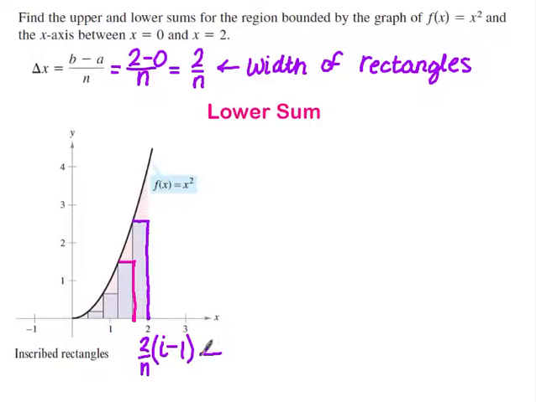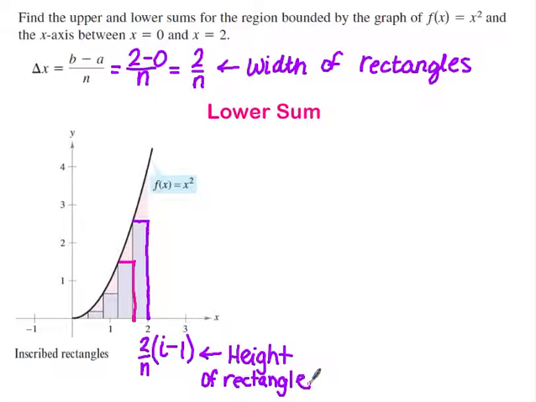So this right here is the height of the rectangle. So let's go through that again. The i minus 1 refers to going back to the previous value. You will always include the width, the 2 over n, in there as well. Now, if I would have been at the correct height, I would have just used i, if I would not have had to go back one.